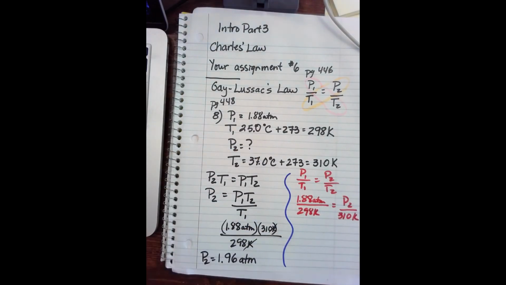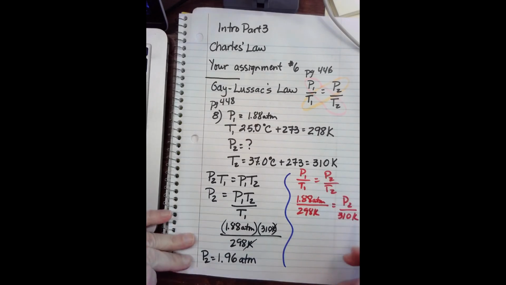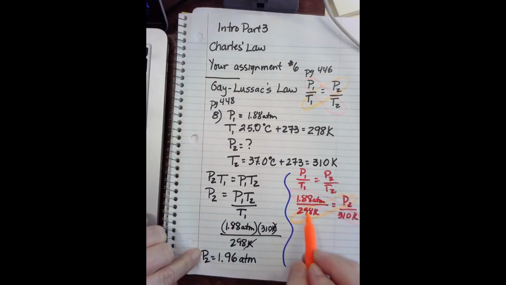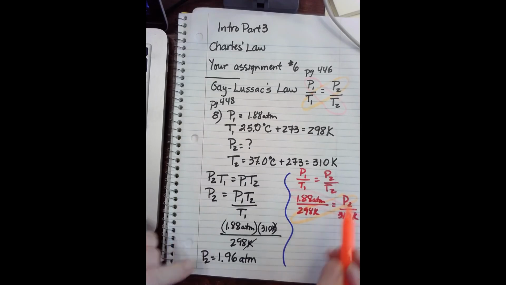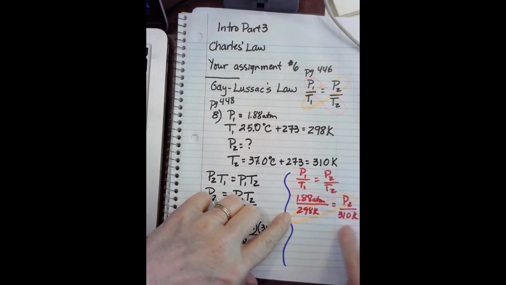So if we look at the cross multiplication idea, it means we're going to multiply those, right? And then we would be multiplying those, then connected to our unknown. So we would divide by that, just like it stays down here, right?